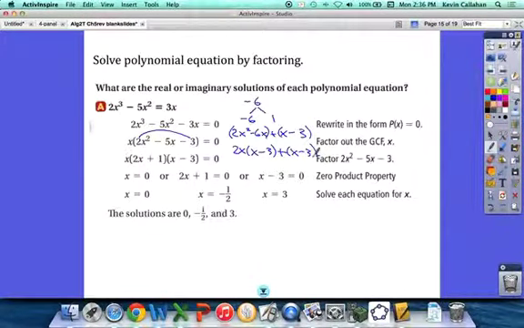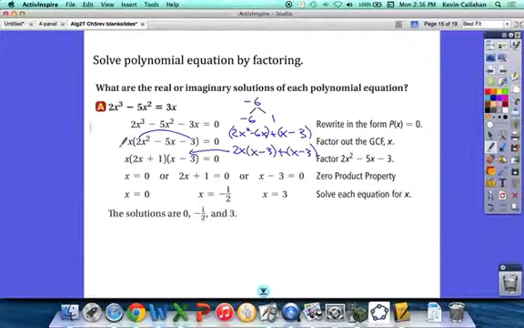And then the last step of that factoring gets you to here. 2x plus 1 times x minus 3. And then you still got the x in front. So now, in factored form, boom, boom, boom.